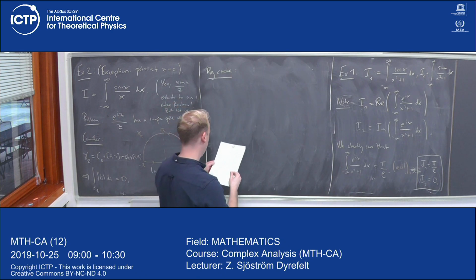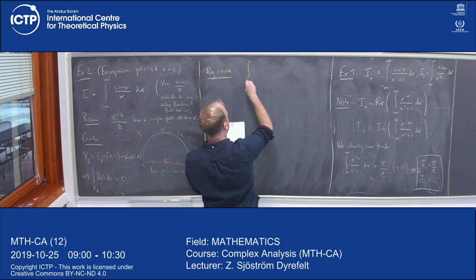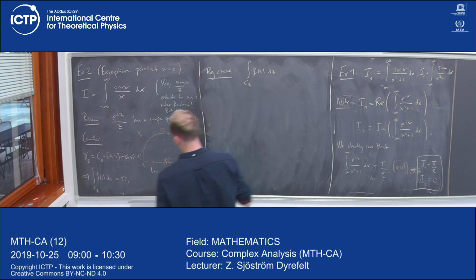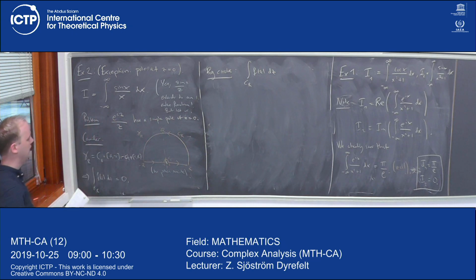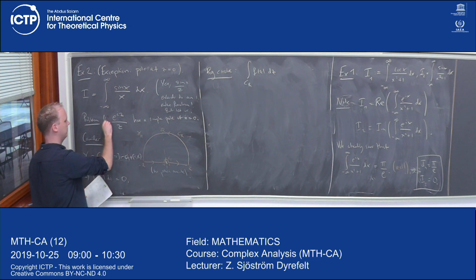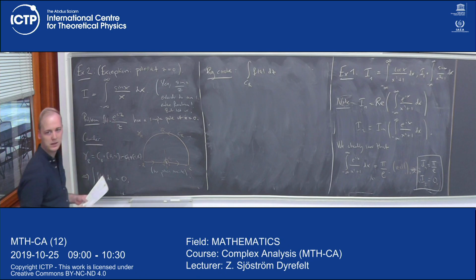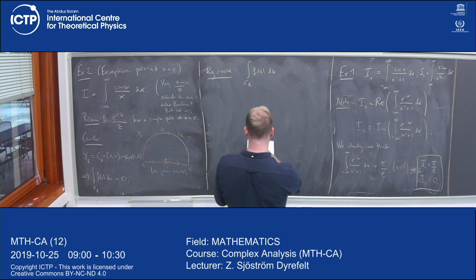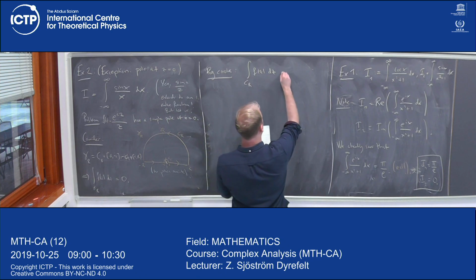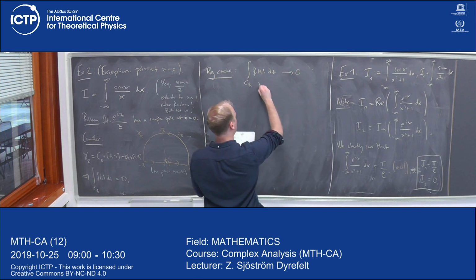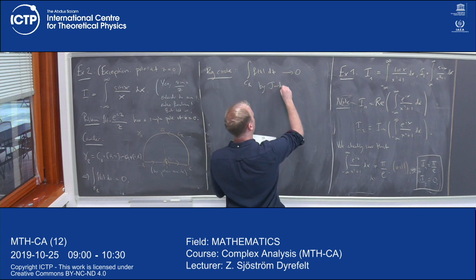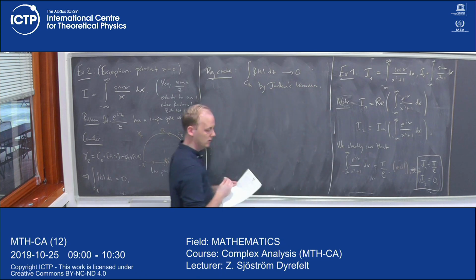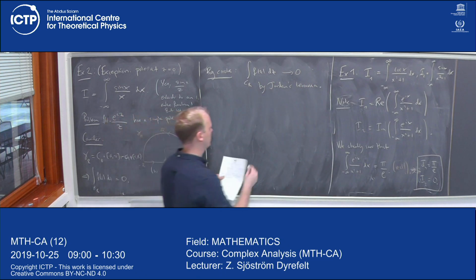So on the big circle, we have the integral over CR of f of z. F of z is this, by the way. I hope it is true. So the integral of this goes to 0 by Jordan's lemma. You can check this.